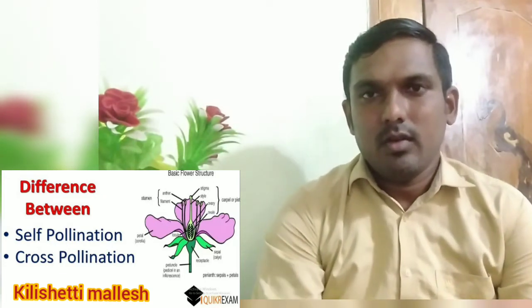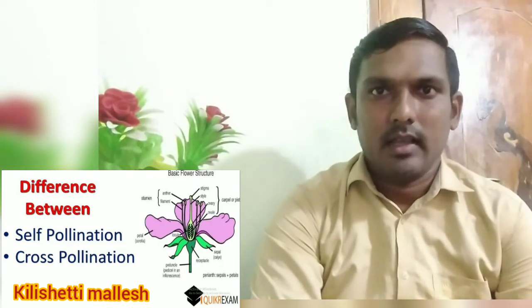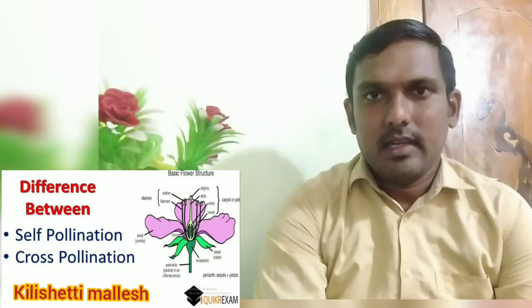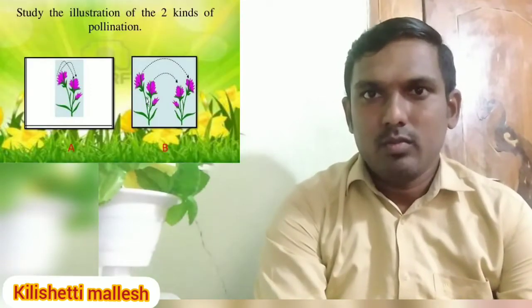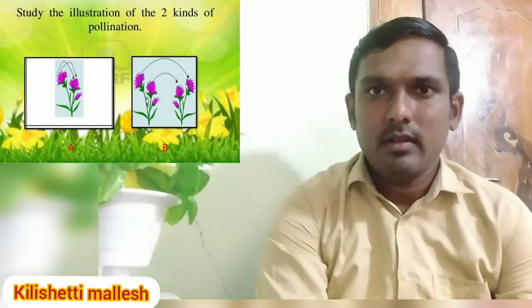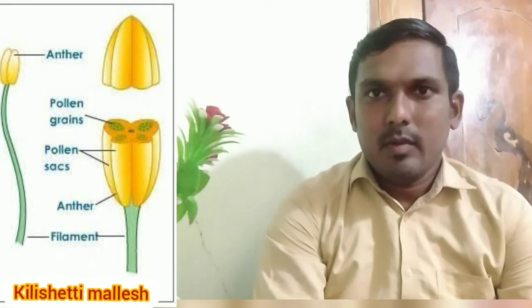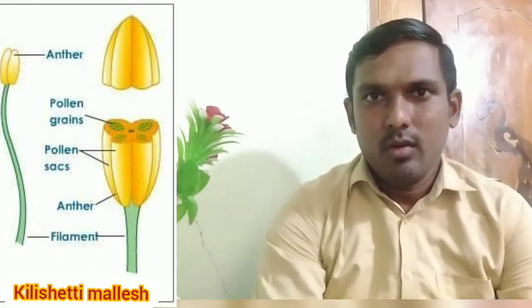Next, you can see the male reproductive organ, the androecium, and the female reproductive organ, called the gynoecium. The androecium contains the anther, and the anther contains the pollen grains. The female reproductive organ, the gynoecium, contains the style, stigma, and ovary.